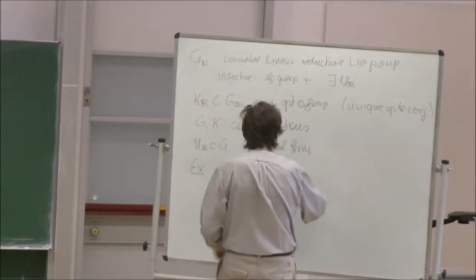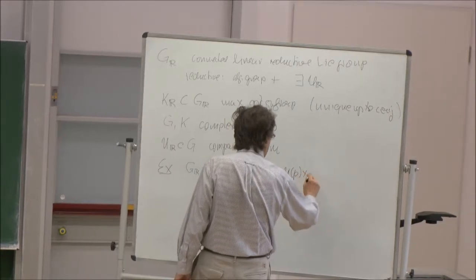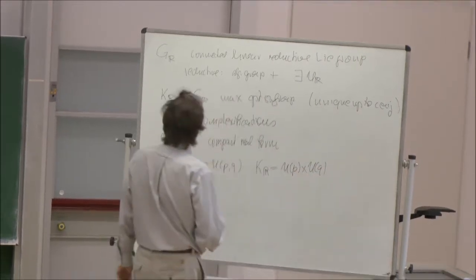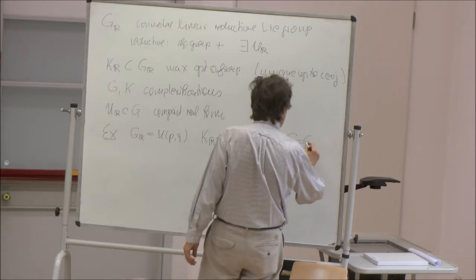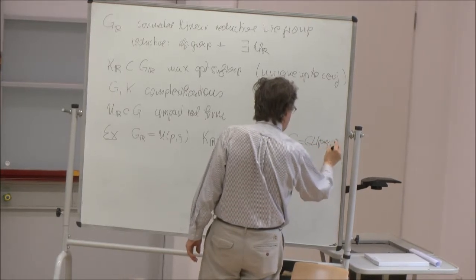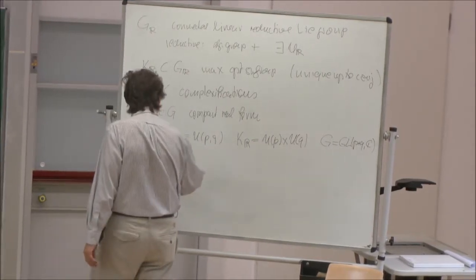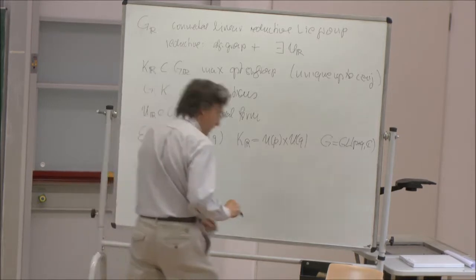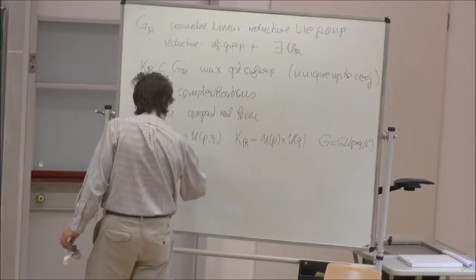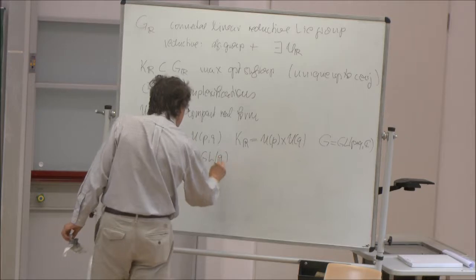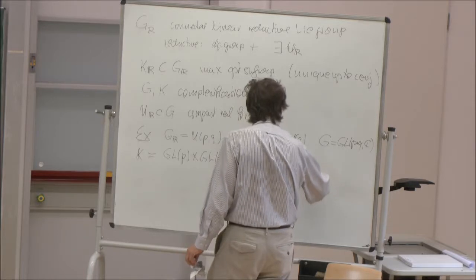And in that case, K_R would be U(p) times U(q), and G would be GL(p+q, C), K would be GL(p) times GL(q), and U_R would be U(p+q).